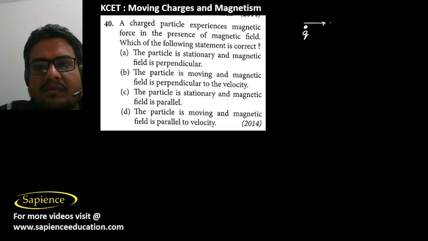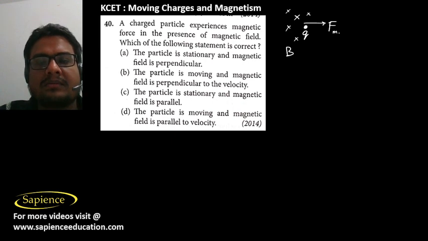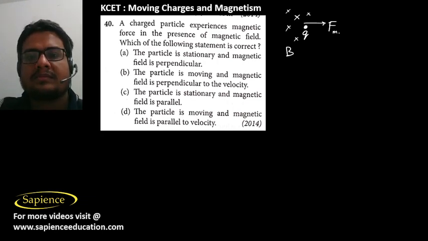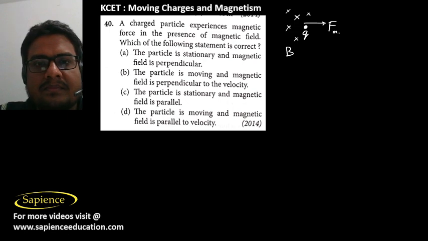It experiences a magnetic force in the presence of a magnetic field, which is B. Which of the following statements is correct?